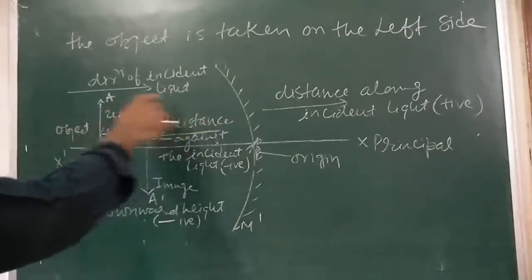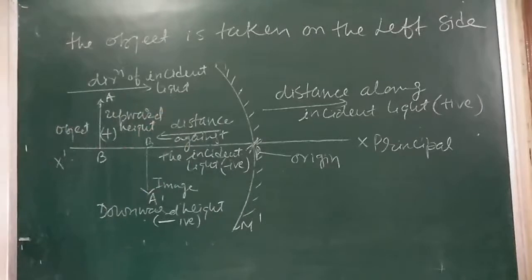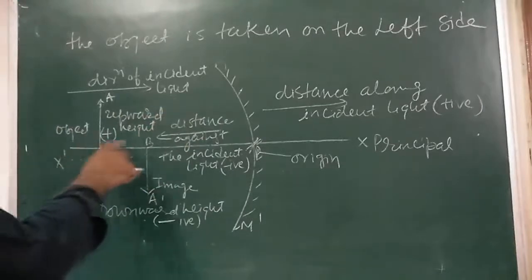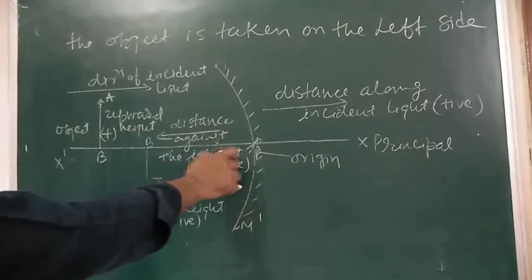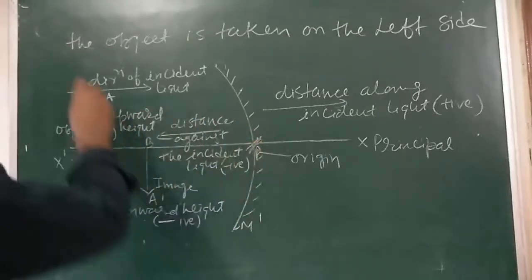Here you can see, all the distances parallel to the principal axis of the spherical mirror are measured from the pole P of the mirror.